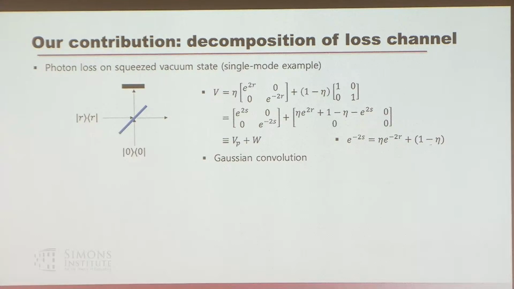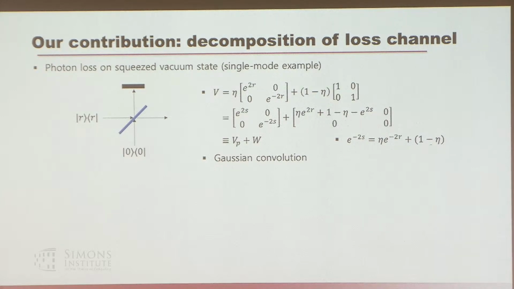What Gaussian convolution means here, in just probability theory, forgetting about the quantum circuit, is this: if you have a random variable x that follows a normal distribution with covariance matrix Vp, and then you perform a Gaussian convolution following the covariance matrix W, you get a random variable that follows a normal distribution with the sum of these two covariance matrices. That's what I mean by Gaussian convolution here.